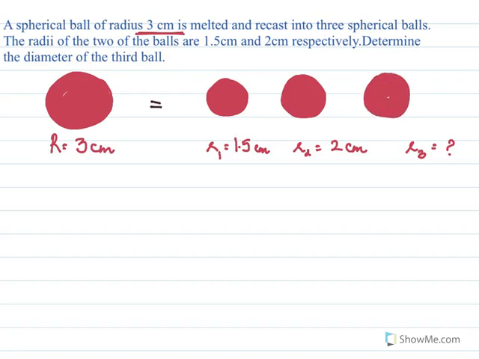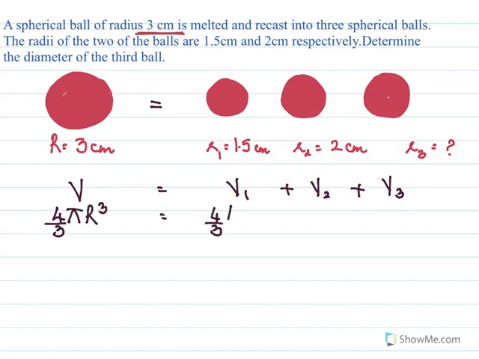So the equation will be, say, volume V of the large ball equal to volume 1 plus volume 2 plus volume 3. Volume formula 4 by 3 pi r cube equal to 4 by 3 pi r1 cube, 4 by 3 pi r2 cube, and 4 by 3 pi r3 cube.